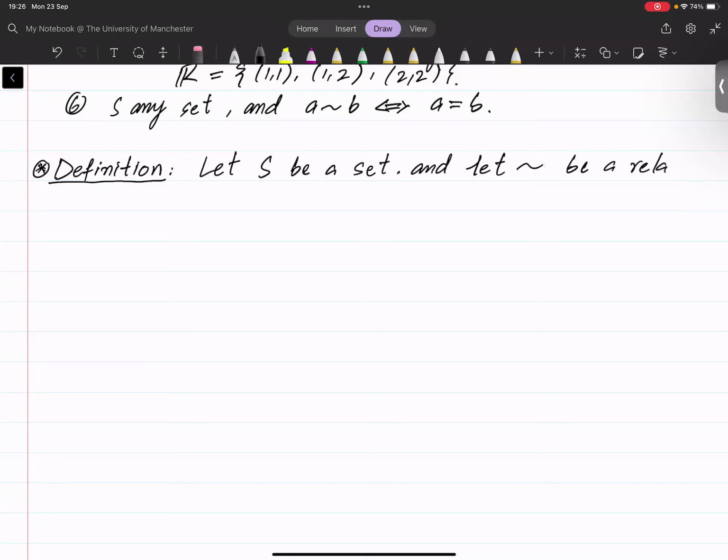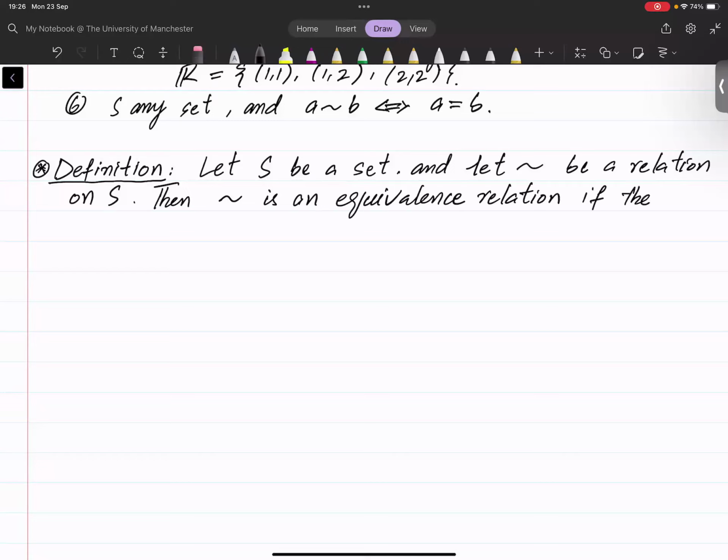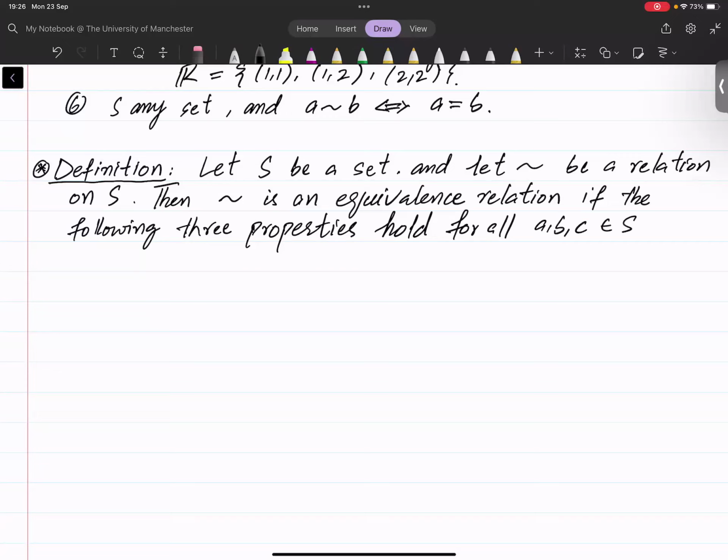Then this relation is an equivalence relation if the following three properties hold for all elements A, B, C in the set S.